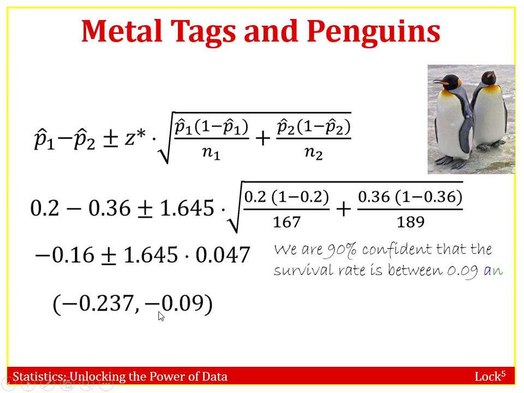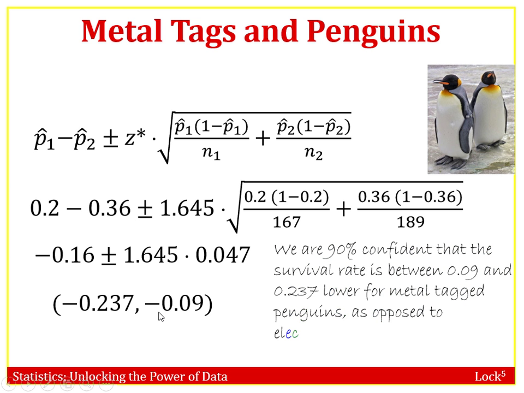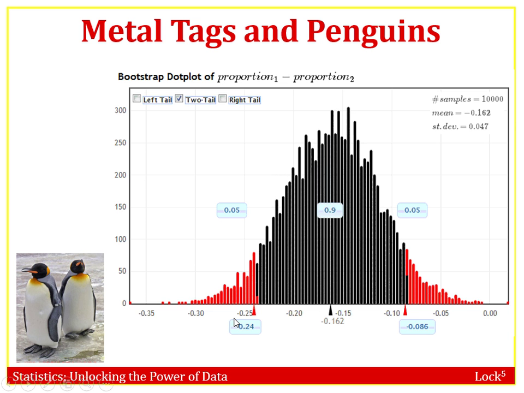So we would say we are 90% confident that the survival rate is between 0.09 and 0.23 lower for the metal tag penguins as opposed to the electronically tagged ones. We didn't include the negatives here because we essentially said that with the word lower. Now, this is what it would look like on StatKey.